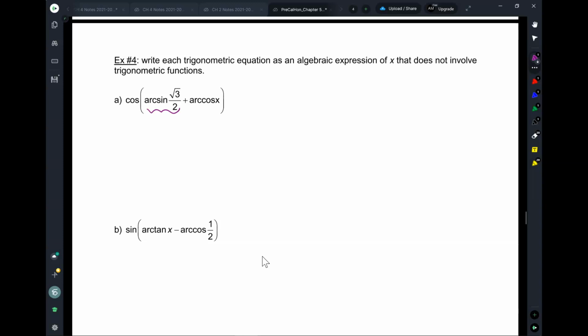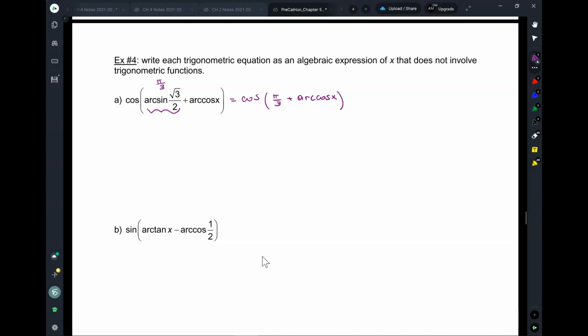This is from lesson 6 of the last chapter. So this is pi over 3. So now what I have is cosine of pi over 3 plus arc cosine x.